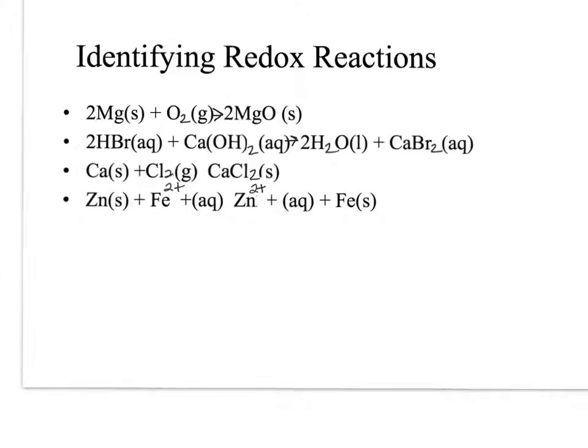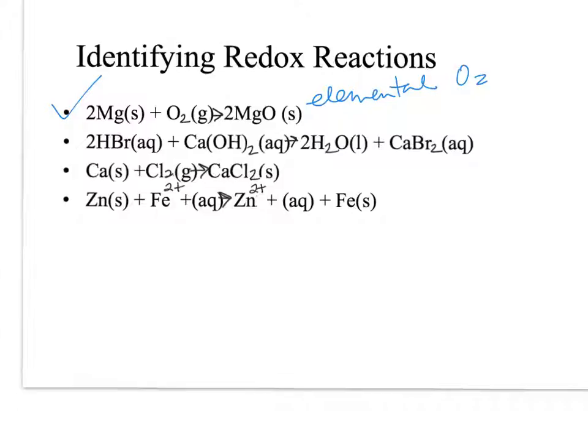I see that I'm missing some arrows here, so I'm going to put some arrows in. The very first thing that I see is that I have elemental oxygen here, and when I have elemental oxygen, I know that this is a redox reaction. Elemental oxygen is a big sign that we have a redox reaction. So this first one is a redox reaction.